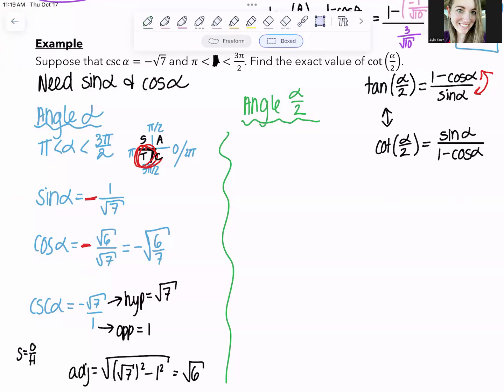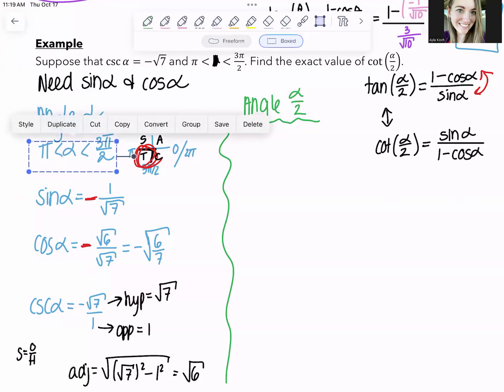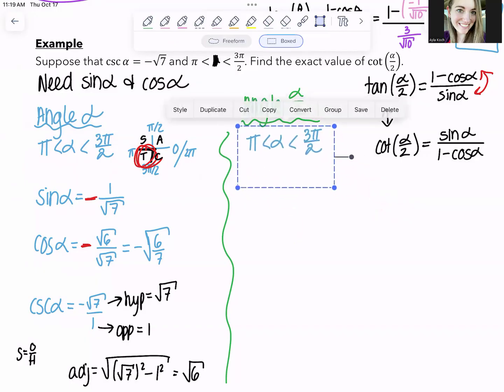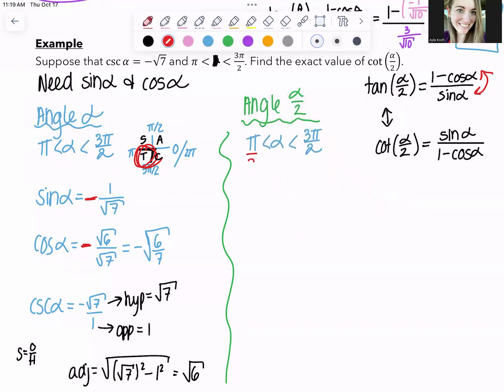I take this same inequality. I'm going to divide the entire thing by 2. This becomes pi over 2 less than alpha over 2 less than 3 pi over 4.